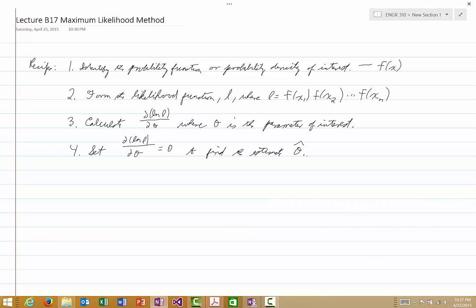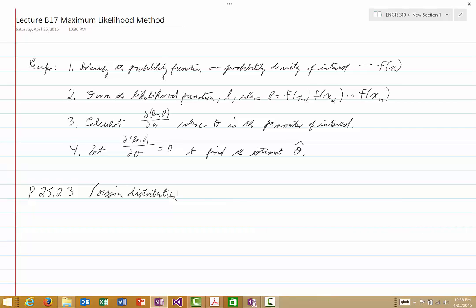In your book, they've already done the normal distribution. So let's look at problem 25.2.3, which deals with the Poisson distribution. Now, you will recall that for the Poisson distribution, remember now, their first step is to identify the probability function or probability density.